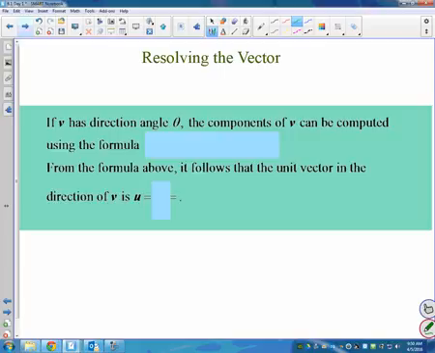So again, maybe we should write up here our vector. Vector b in component form is b1, b2, or in ij form is b1i plus b2j.